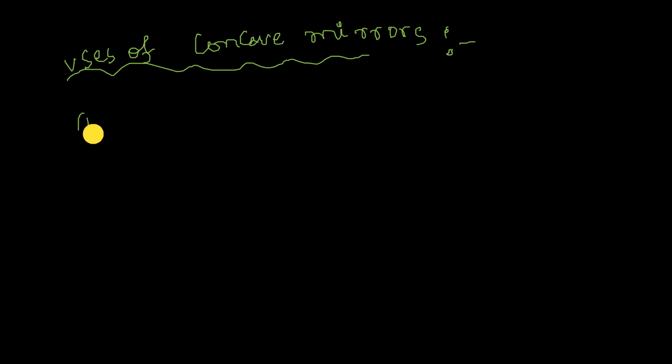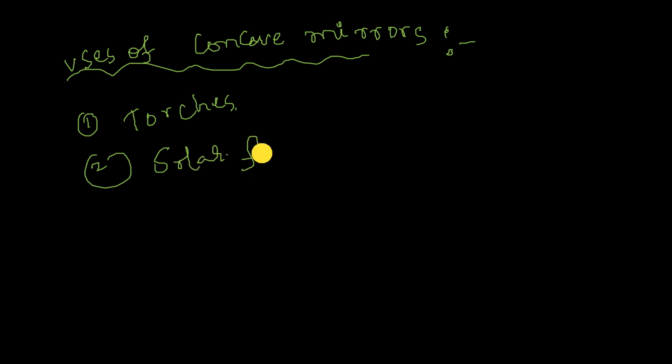First point is torches, searchlights, vehicles headlights. Shaving mirrors to see large image of the face. The dentist uses concave mirrors to see large image of the teeth of the patients. Large concave mirrors are used to concentrate sunlight to produce heat in solar furnace. So these are all the uses of concave mirror.